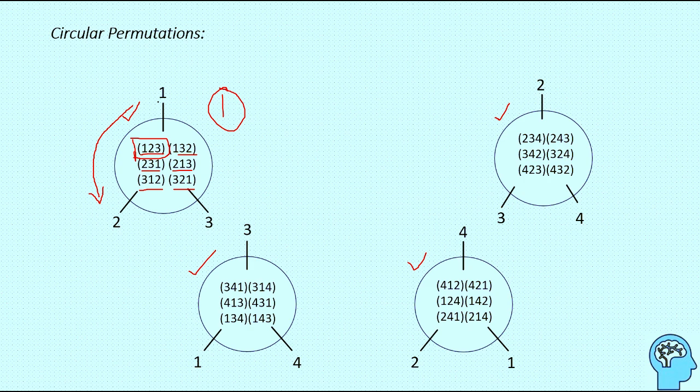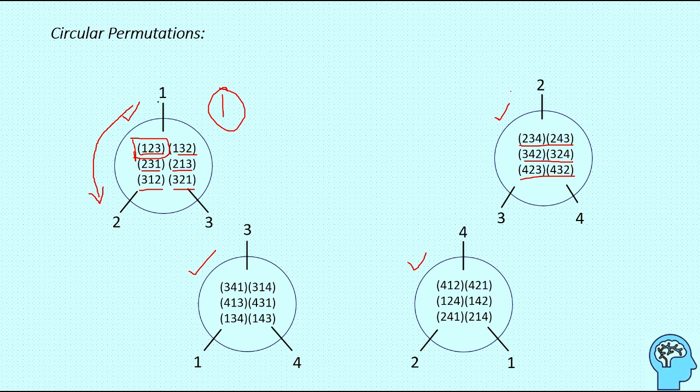Now let's look at the second one. To count the second circular permutation, let's write the second line of linear permutations which we have written in the previous slide inside this as a set. 2, 3, 4 is the main set, and these are the 6 linear permutations.